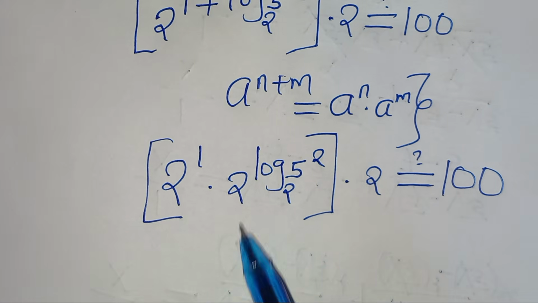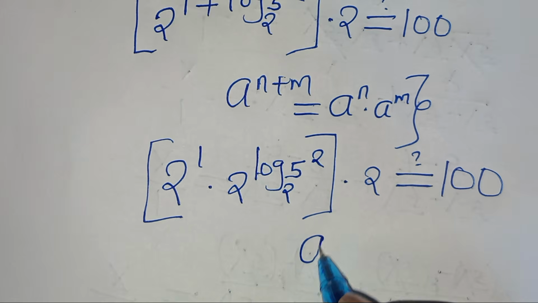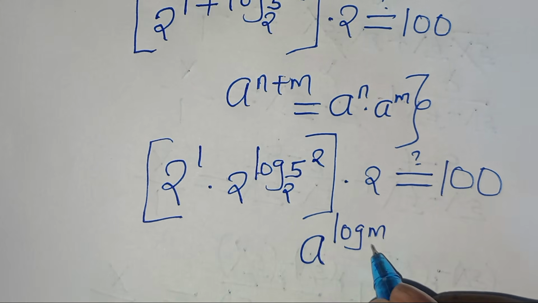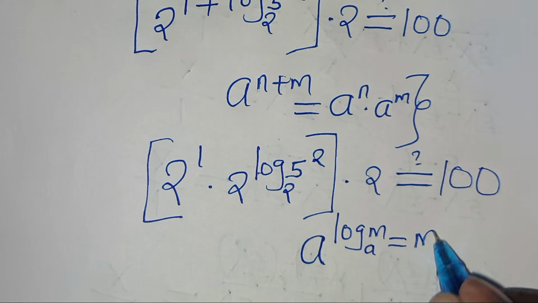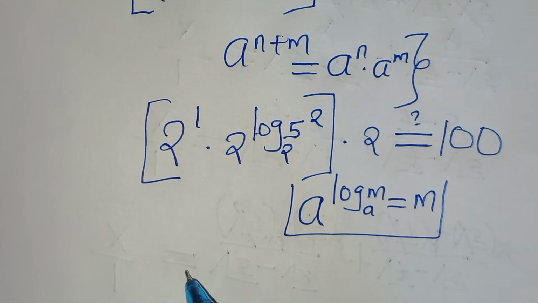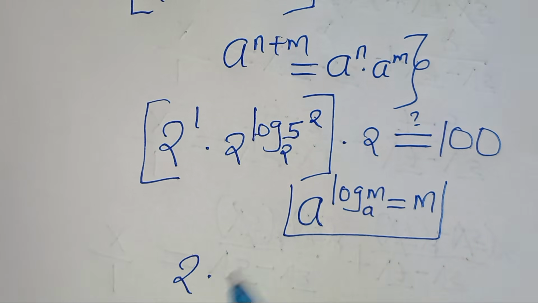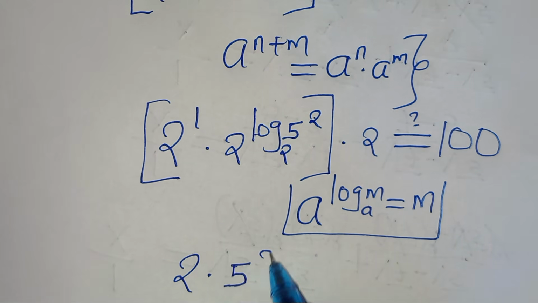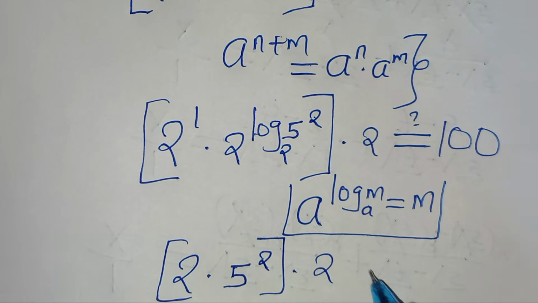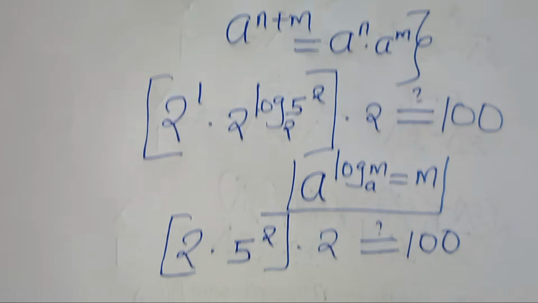So this means that 2 to the power of log 5 to the power of 2 to base 2. This is in the form of a to the power of log m to base a. This should give us a value of m. Applying this property, then we have 2 multiplied by 2 to the power of log 5 squared to base 2. This will give us a value of 5 squared. Then multiplied by 2. This should give us a value of 100.